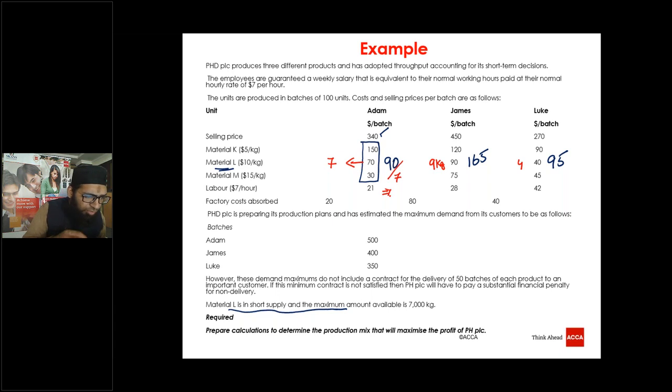Mustafa is saying it is 12.85. Okay. 18.33 for James. And for Luke, it is 12.86. Now we will rank them.